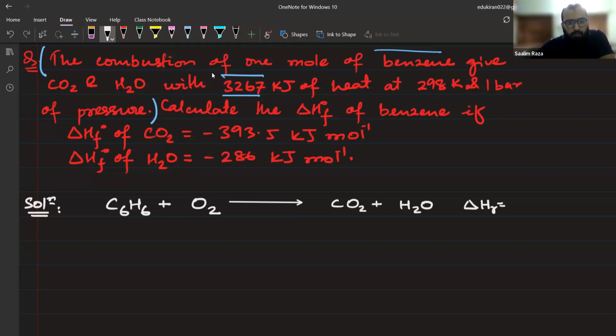कौन बताएगा डेल्टा H for this reaction? हर्षा बताइए। What will be the enthalpy of this reaction?